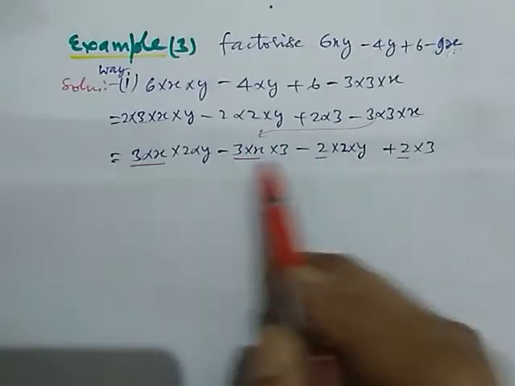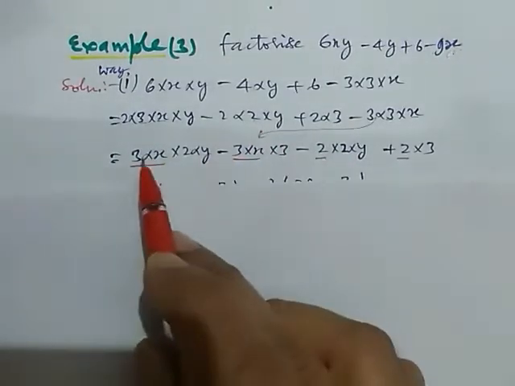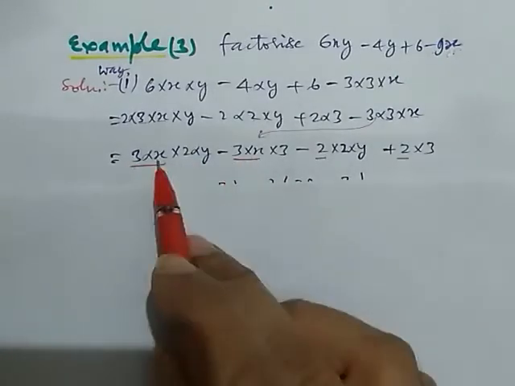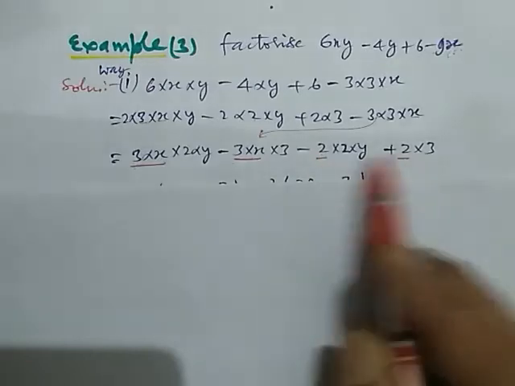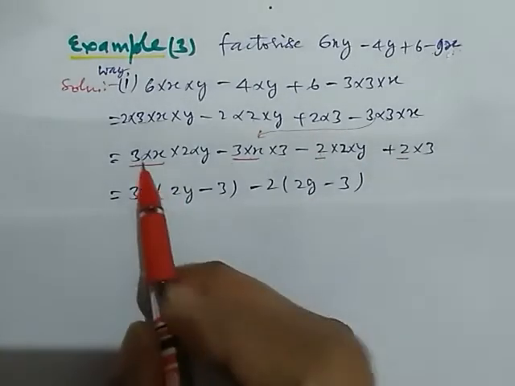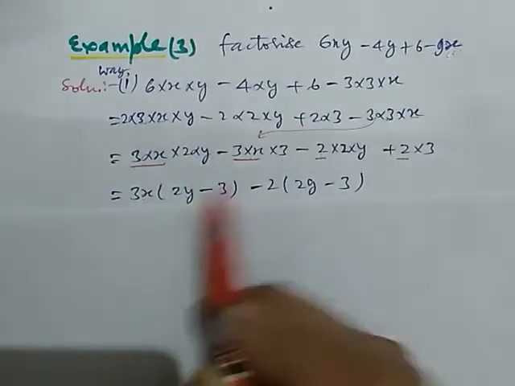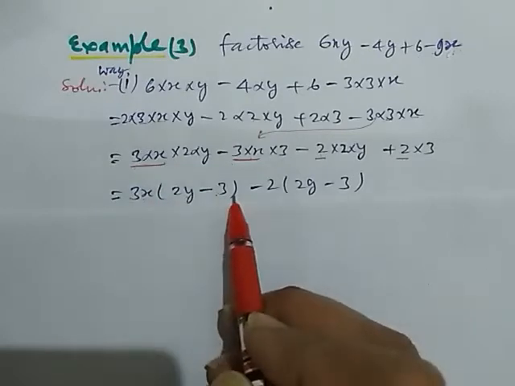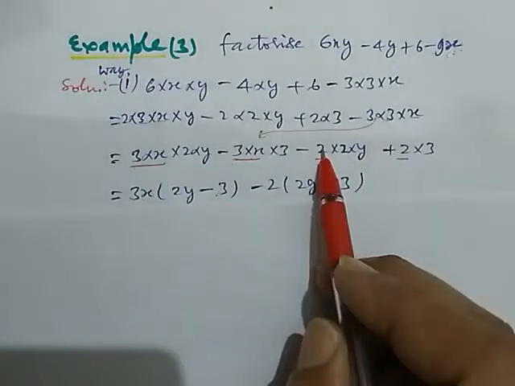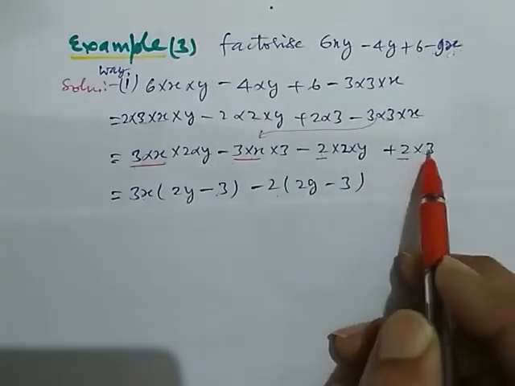This 3x is common, so by regrouping the terms we can take it common. Here 3x is common in both terms, and 2 is common in these two terms. So we take common 3x, and what is left? 2y here and 3 here. So we get 3x into 2y minus 3, and when we take 2 as common, 2y is left and 3 is left.